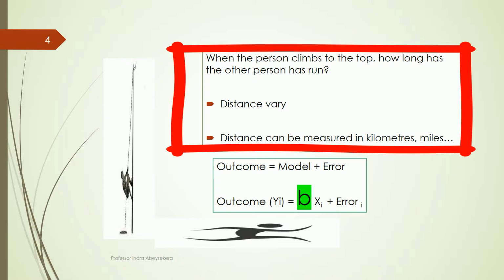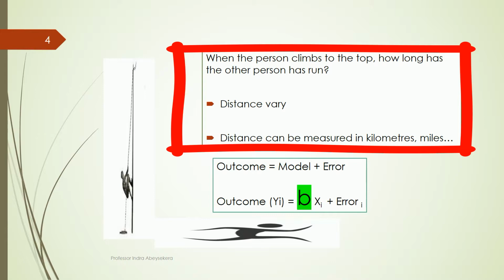Let's say we have on the y variable a person who is doing the rock climbing, and on the x variable a person who is running, and we want to look at, when the person climbs to the top, how long the person has run on the x-axis.